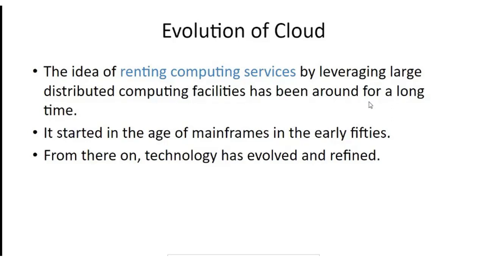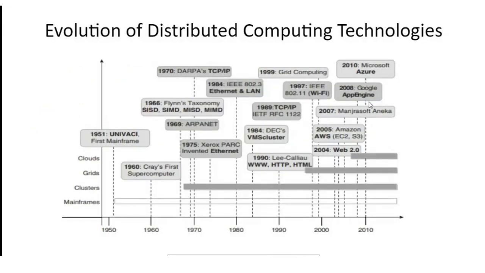Okay, so this is the actual evolution of distributed computing technologies diagram from 1950s, how it has evolved. Initially we have the mainframe computers, then comes the supercomputer. You can also see in the vertical axis mainframe development, clusters, grid, and cloud.